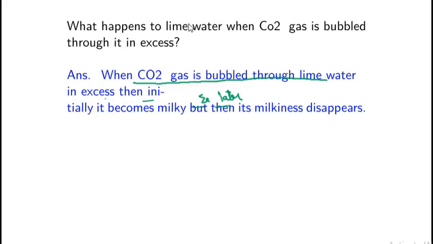When lime water is mixed with CO2 gas, bubbles are formed, and after that the liquid turns milky whitish in color. And if you pass the gas in excess, that means when the bubbles are more, the milkiness disappears and the solution becomes clear.